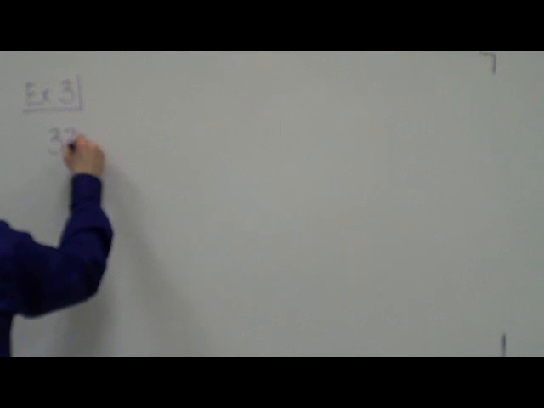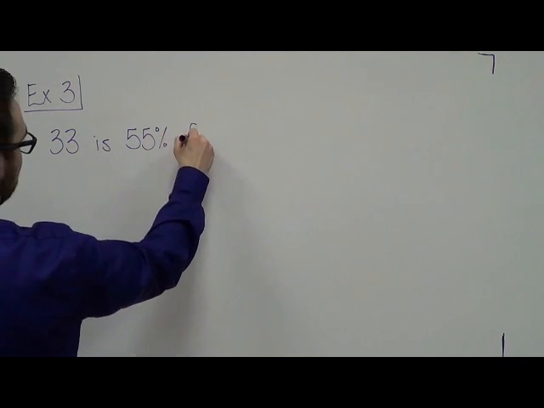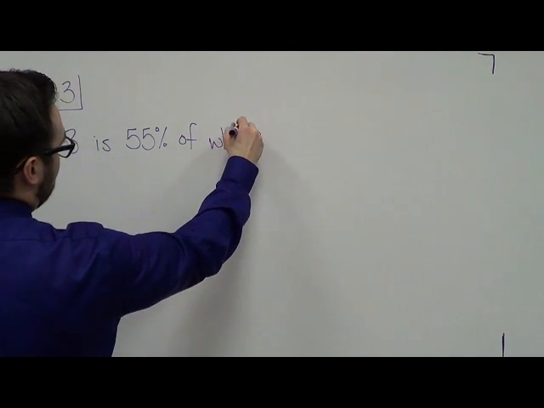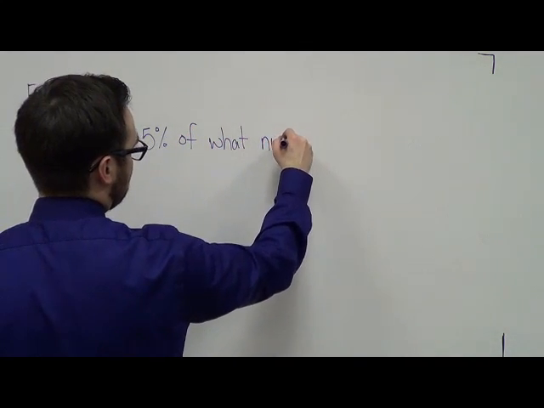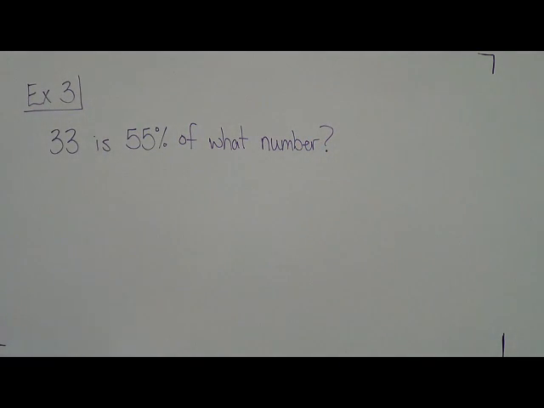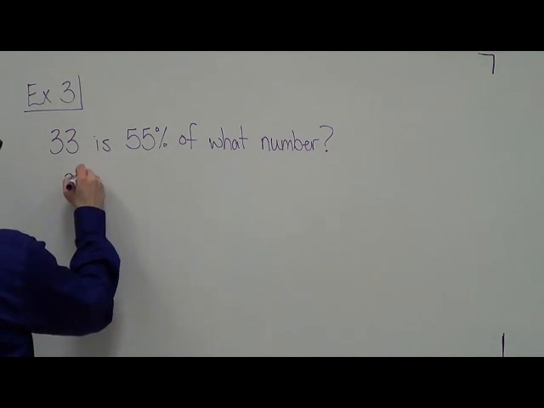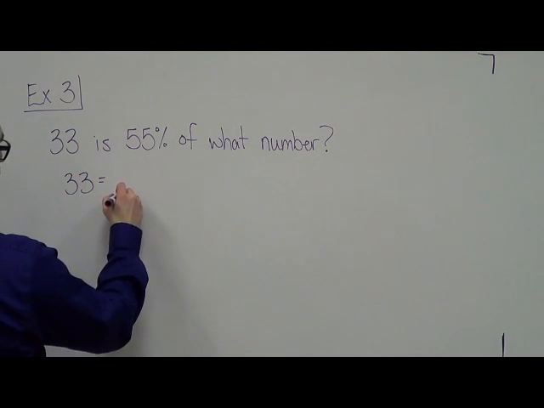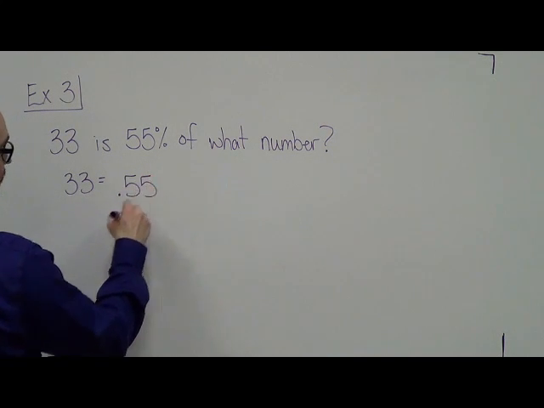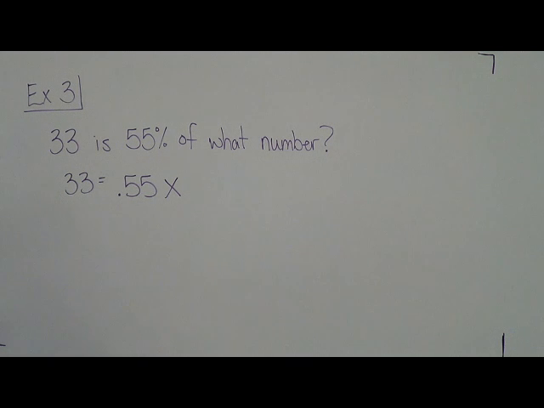So 33 is 55% of what number? So again, 33 is, so that indicates the part, 55 is obviously the percent, and we're looking for what number is our whole. So we have 33 is, remember, percentage as a decimal, 0.55, and then we don't know what that number is.